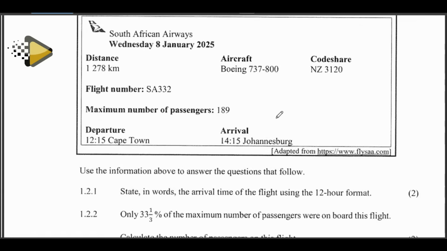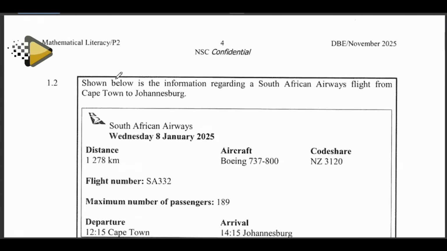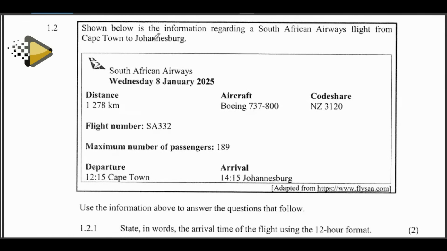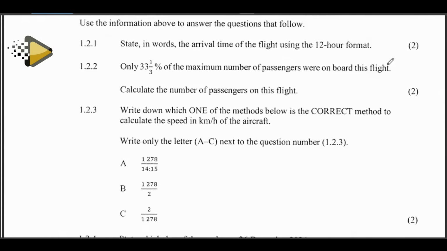And that's how it's written. So the questions are here. State in words the arrival time of the flight using the 12-hour format. So the arrival time is here, which is 2:15 in the afternoon.